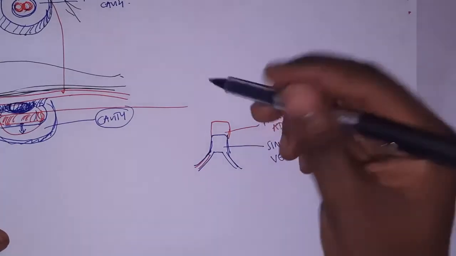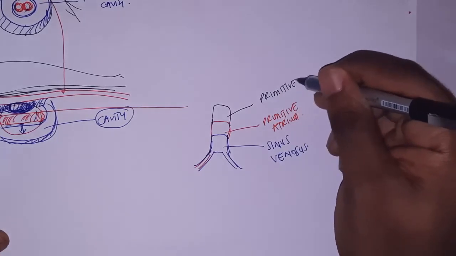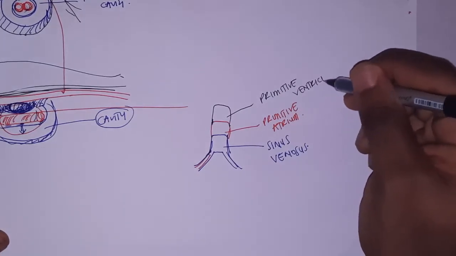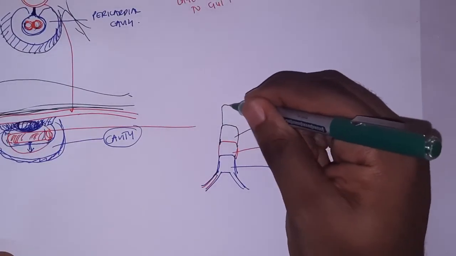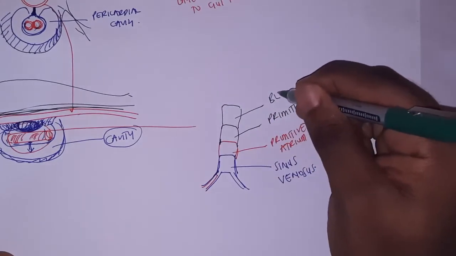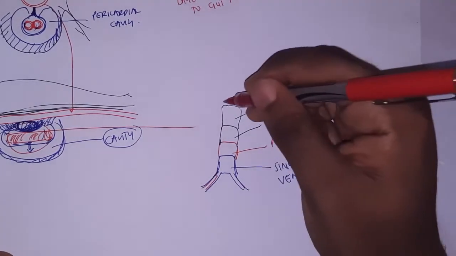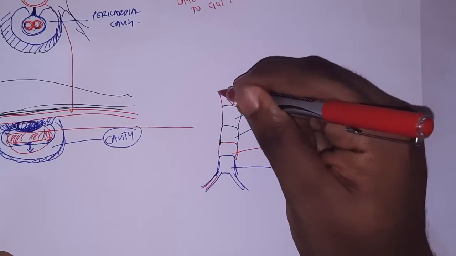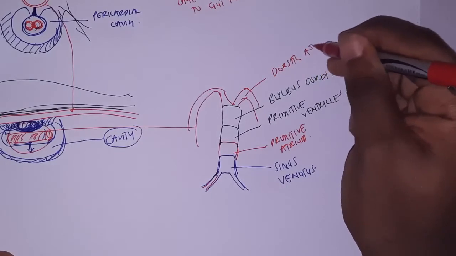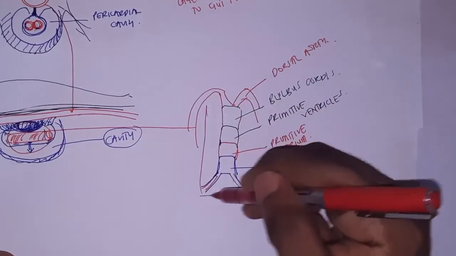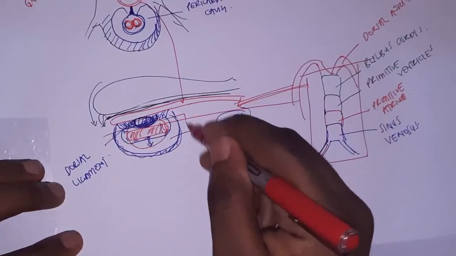From the primitive atrium, it gets to the primitive ventricles. And from the primitive ventricles, it gets to the bulbus cordis, which then connects to the dorsal aorta. Now this is basically what we see here.